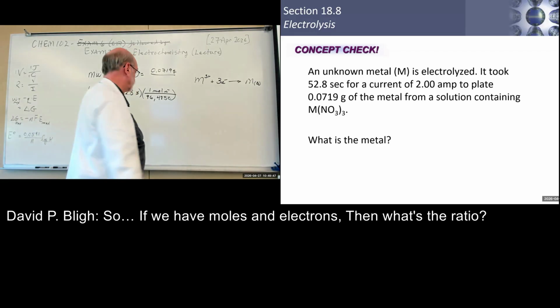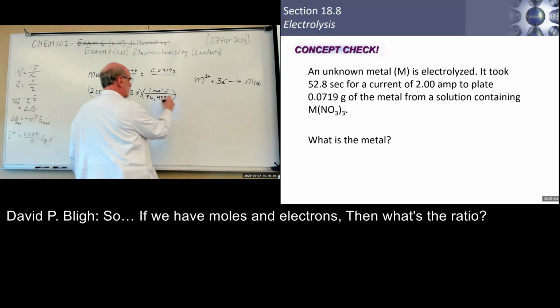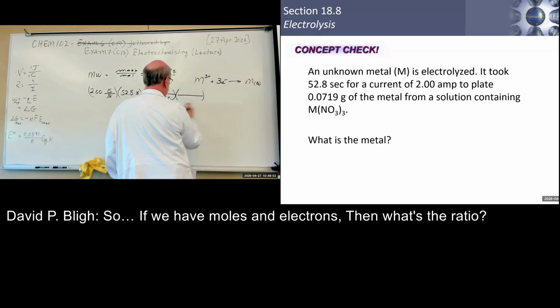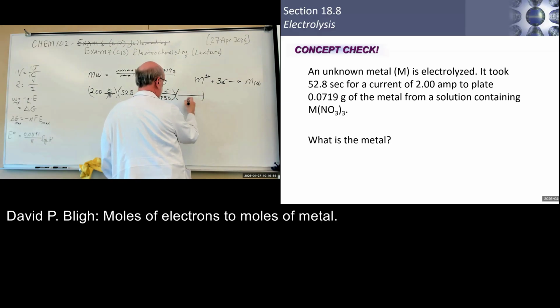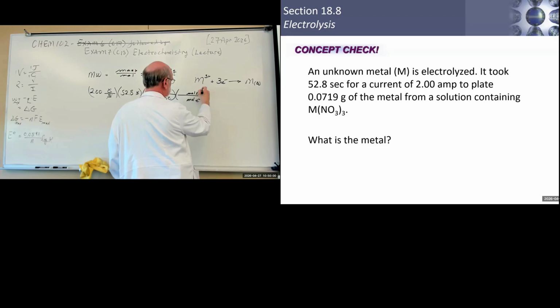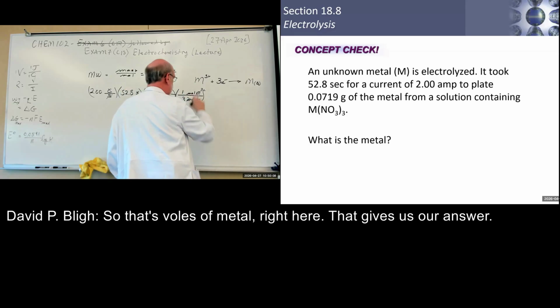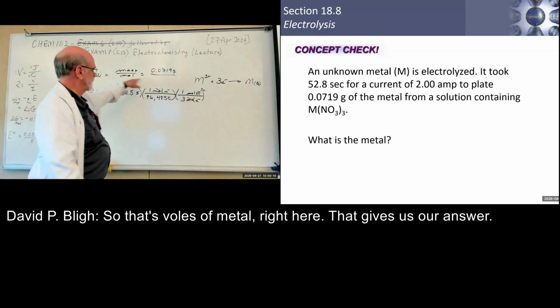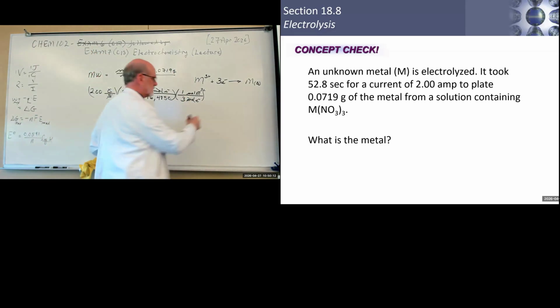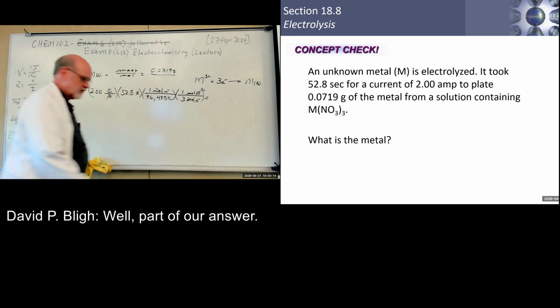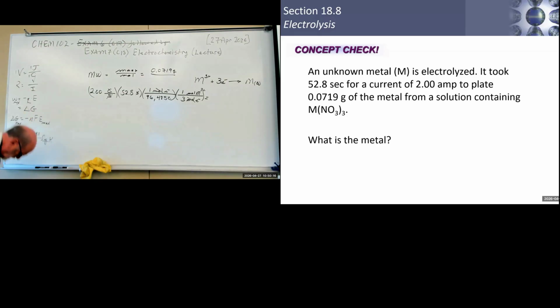So if we have moles of electrons, what's the ratio of moles of electrons to moles of metal? It's 3 to 1. So that's moles of metal right here. That gives us our answer. Well, part of our answer.